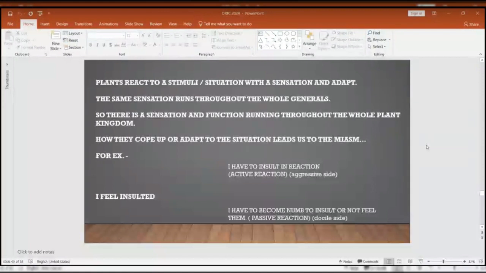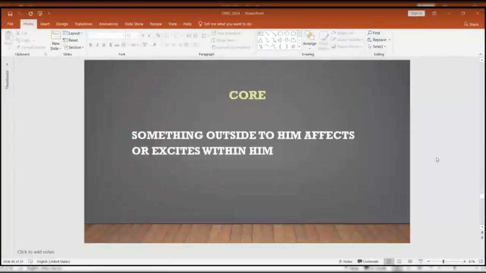And on the other side, you become too numb, not at all reacting the same way, becoming the docile side, the passive reaction. Okay, so you see both the reactions; you either see the active or the passive in a case. So the whole core of the plant kingdom revolves around something outside of him affecting or exciting within.